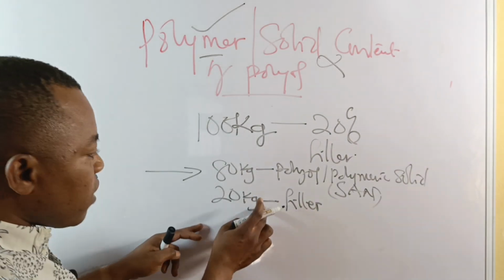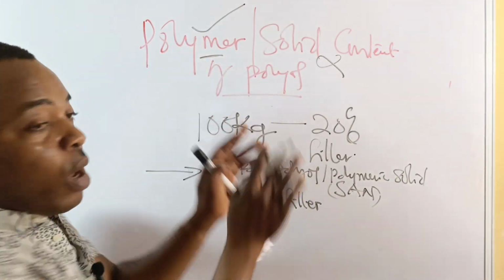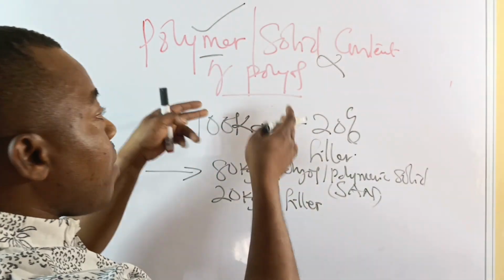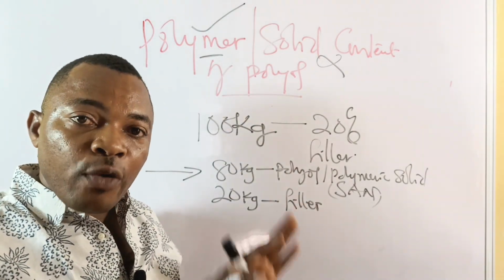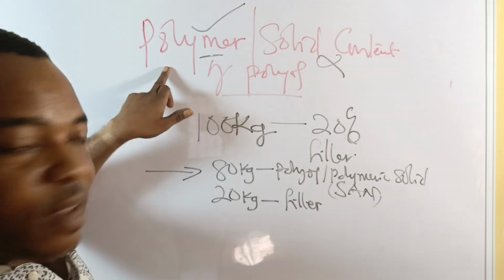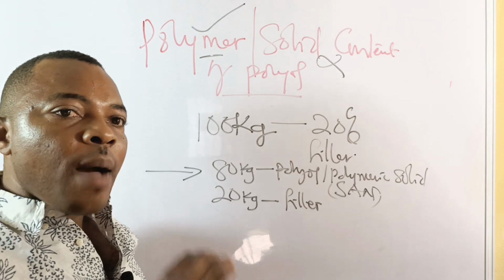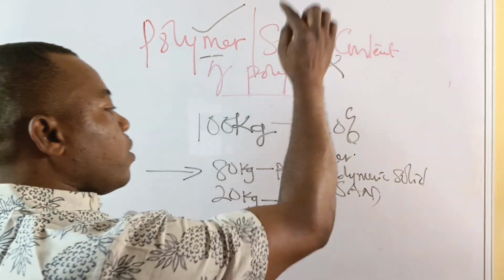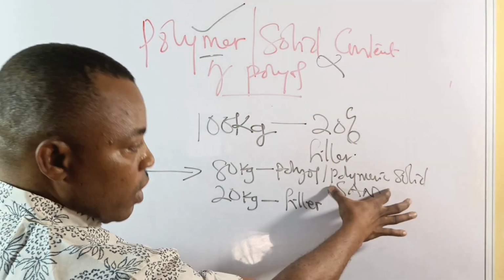But the function of this one, solid content here, we use it interchangeably, and I do not blame people, because most of them are solid material that are dispersed in this polyol system. But for me, as a professional, I would say polymer content, then solid content. When you use the word solid content, I will quickly understand you mean this one. Once you use the word polymer content, you mean this one.